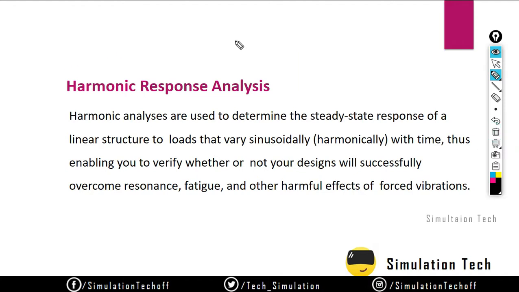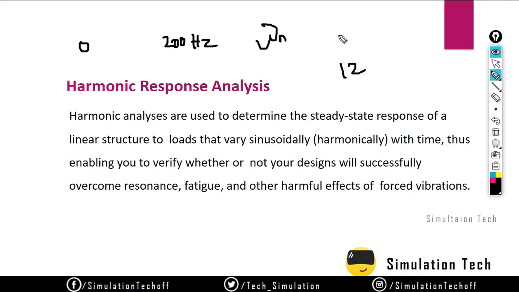Basically, in modal analysis, we get a lot of natural frequencies, like omega n, for a single component. We provide a range from 0 to 200 hertz. Suppose you want to find 12 mode shapes, you will get 12 different natural frequencies.